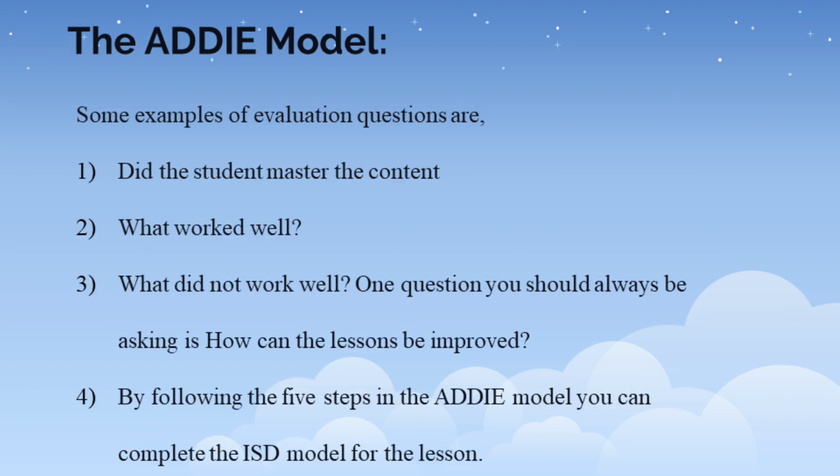Some questions you should be asking in this phase are: did the student master the content? What worked well? What did not work well? One question you should always be asking is: how can the lesson be improved?